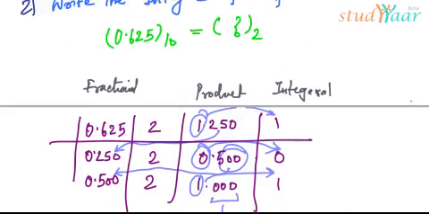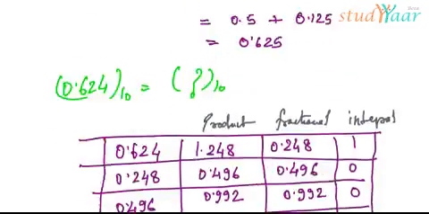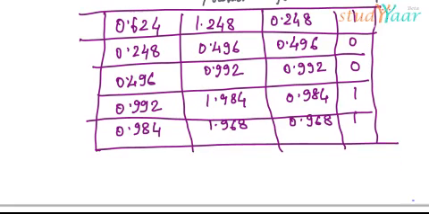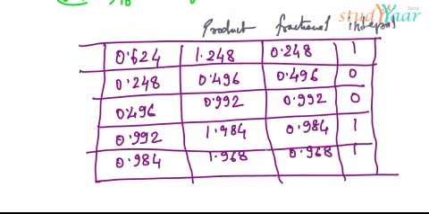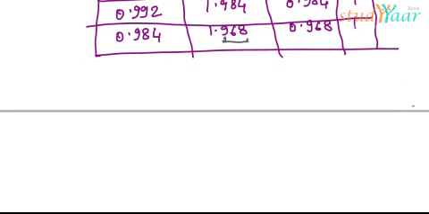So just realize I am not getting 0 in my fractional part of the product. I am doing it again and again and still I am not getting a 0. In that case, I just select the precision that I want.